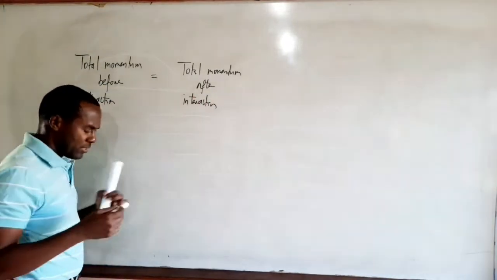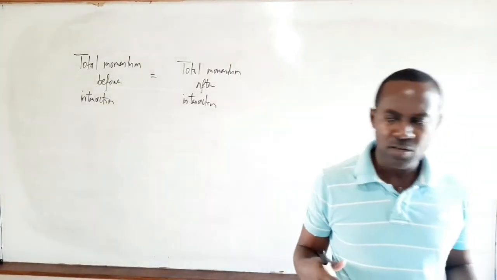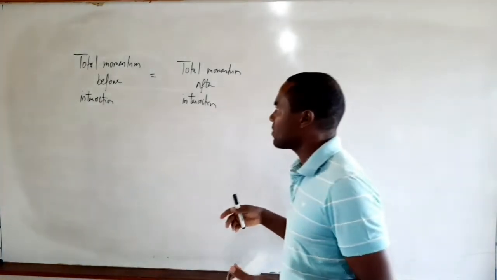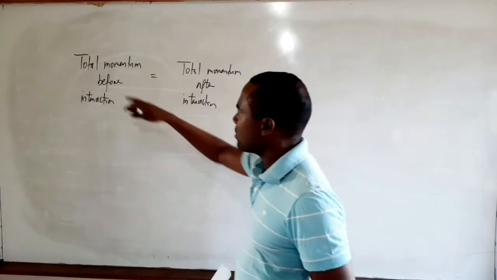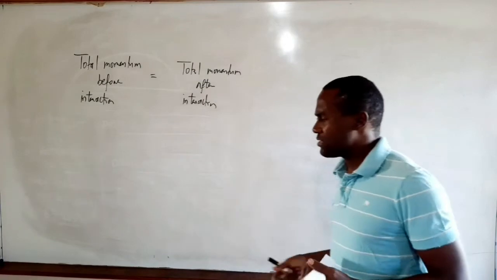So in simple form, this is what the principle is saying: provided that no external resultant force acts on the system, the total momentum of the bodies which are part of the system before interaction is equal to the total momentum after interaction.